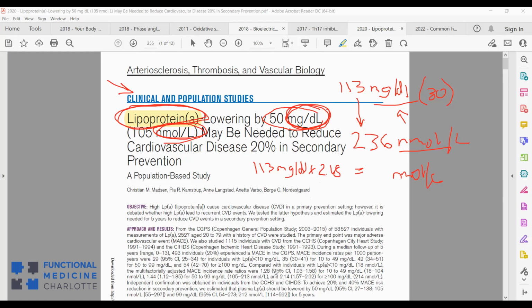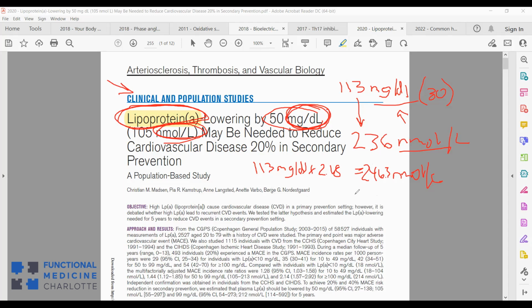So 113 times 2.18 comes out to 246.34, we'll call it 246.3.